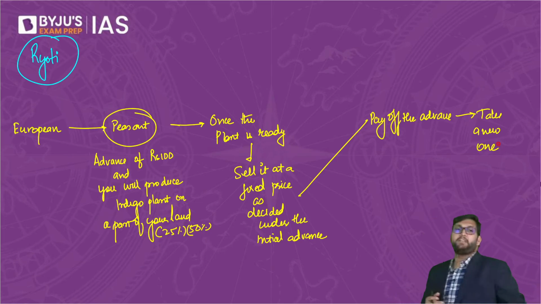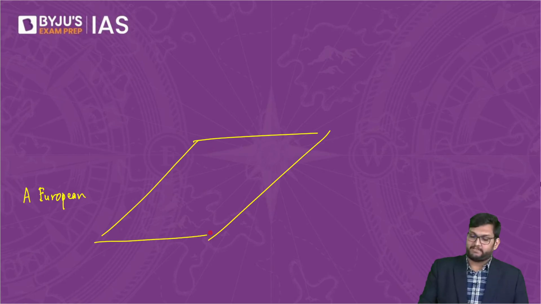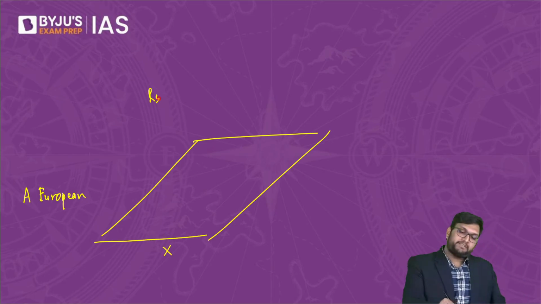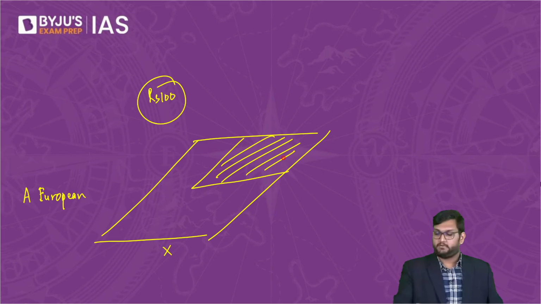Let me give you an example for this. For example, I am a planter, I am a European. I have my land, I am a peasant X. ₹100 has been given to me to produce indigo on this part of the land. Already, it's an advance, it's a payment upfront.